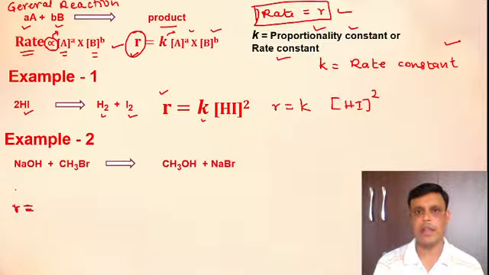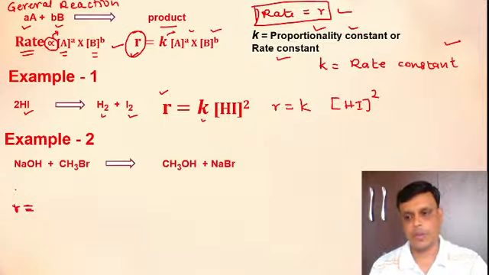Simple. According to the rate law, the rate of chemical reactions at a time t is directly proportional to the molar concentration of reacting species or reacting substances. So here reacting substances are NaOH and CH3Br.